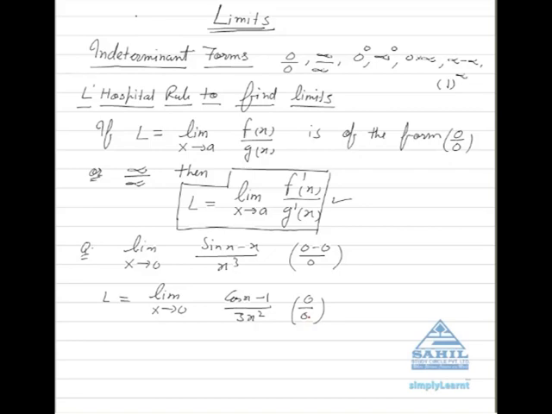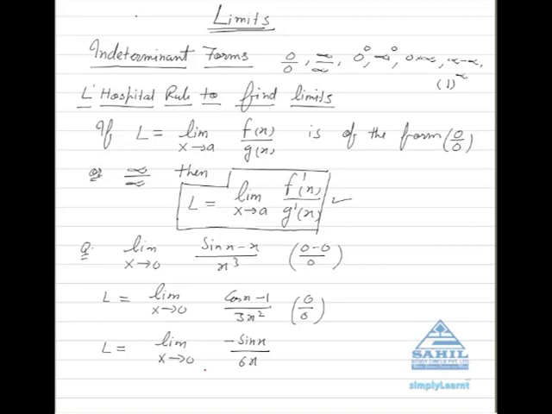As I have told you, if it again comes out to be a 0 by 0 form, you can again apply the L'Hospital rule. So L will be equal to limit x tending towards 0 of sine x upon 6x.